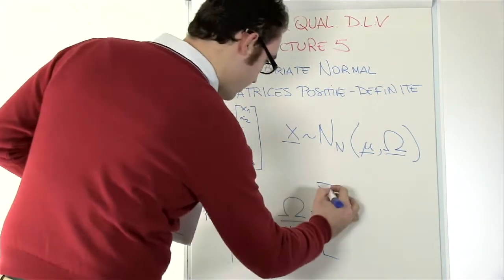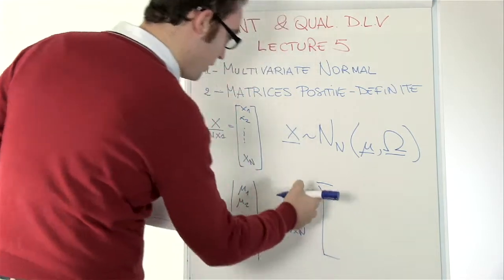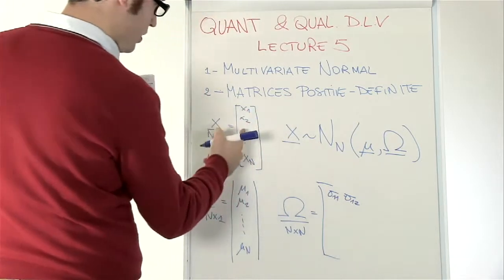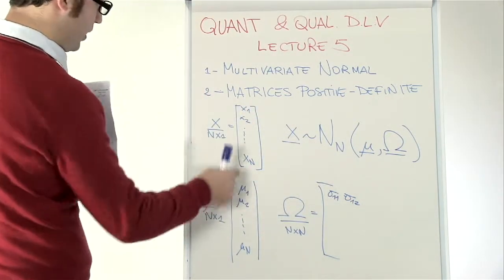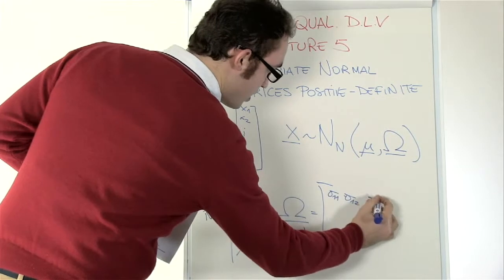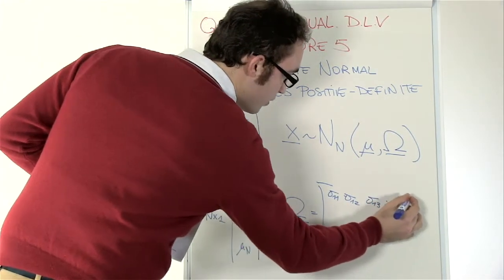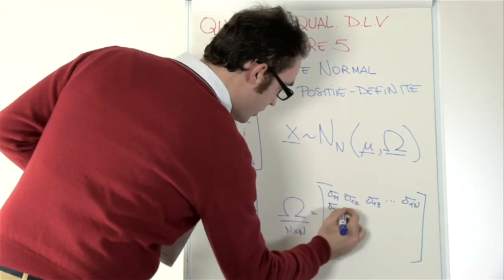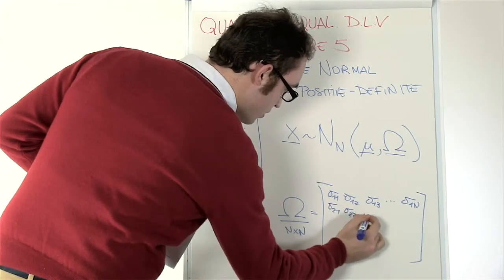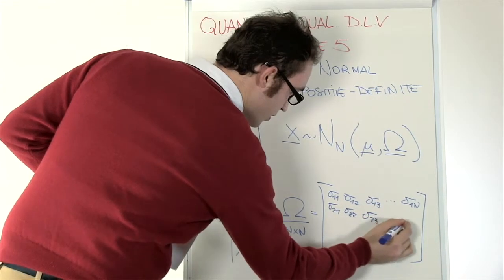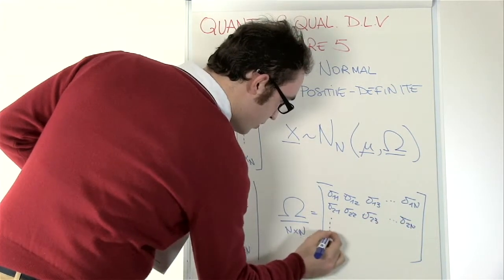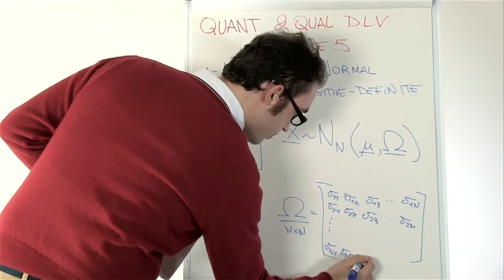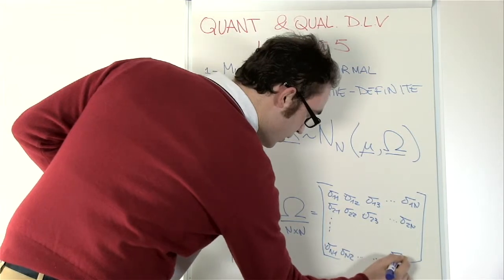And this omega is like that. We have sigma 1, that is the variance of x1, sigma 1,2, that is the covariance between x1 and x2, sigma 1,3, sigma 1n, sigma 2,1, sigma 2,2, sigma 2,3, sigma 2n, sigma n1, sigma n2, sigma n.